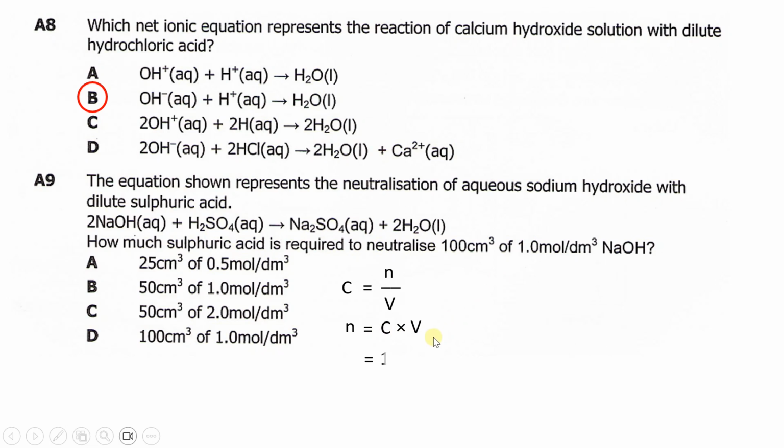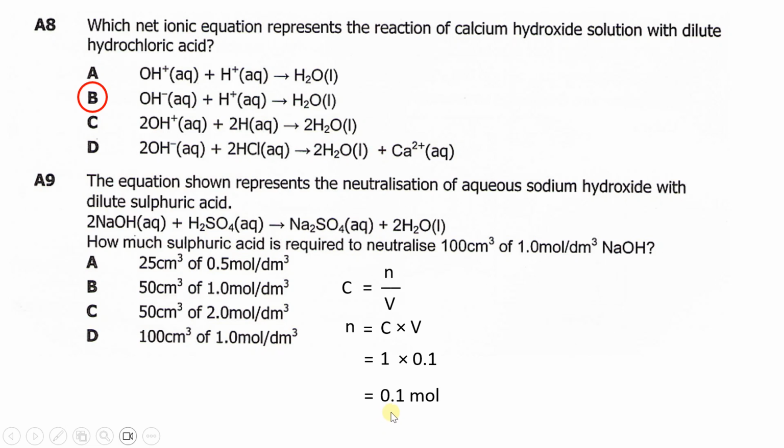Concentration is 1 times volume: you divide 100 by 1000 to change it to decimeter cubed, so it becomes 0.1. When you multiply this, you get 0.1 mole.